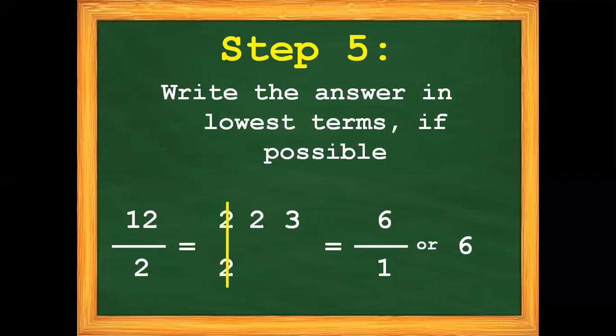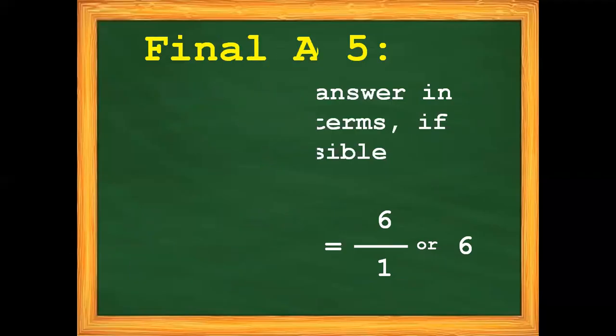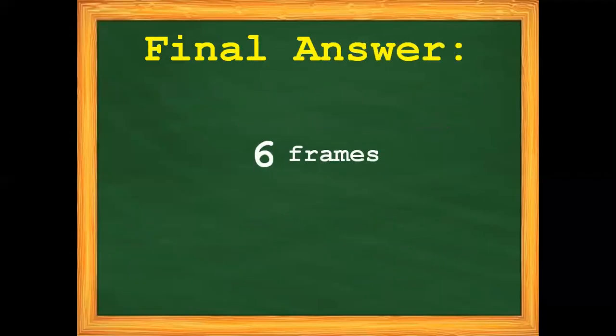So the answer is 6 over 1, or we can simplify it as 6 or 6 wholes. So the final answer is 6 frames. So Carlo can make 6 frames out of 4 meters of wood.